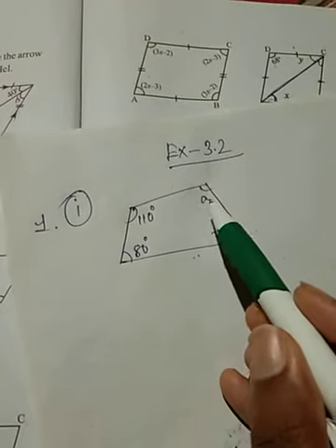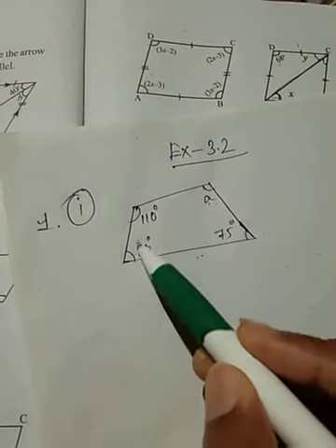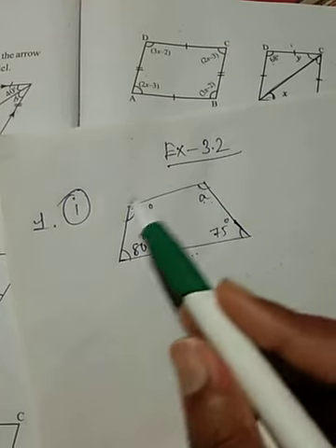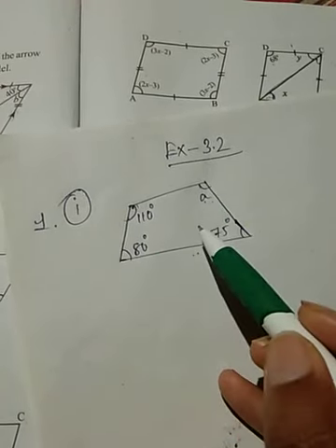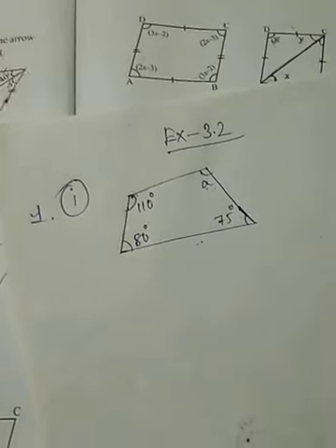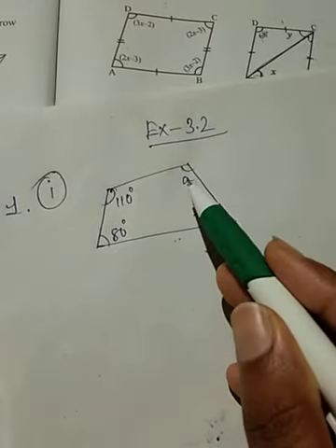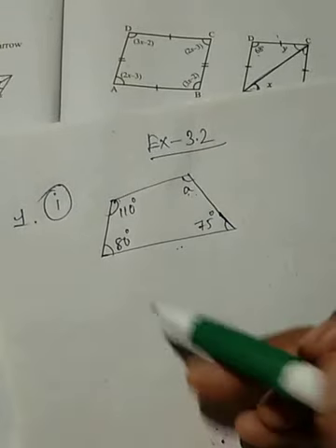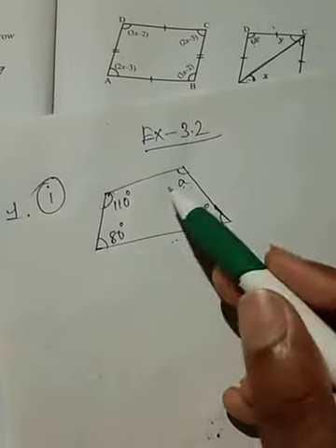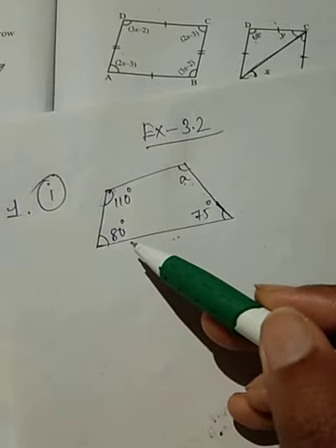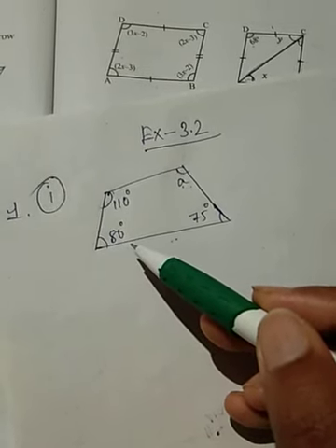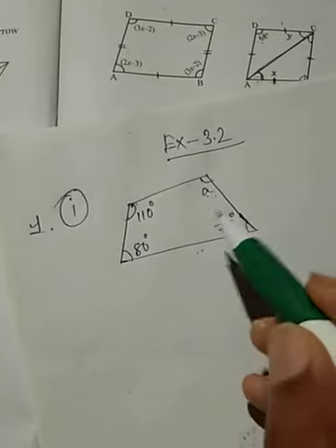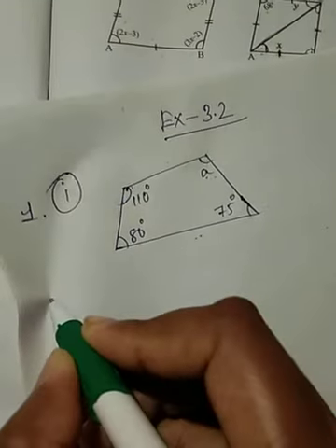So for finding this angle we need to know all the properties of a quadrilateral. There is an angle related property of a parallelogram: the opposite angles of a parallelogram are equal.